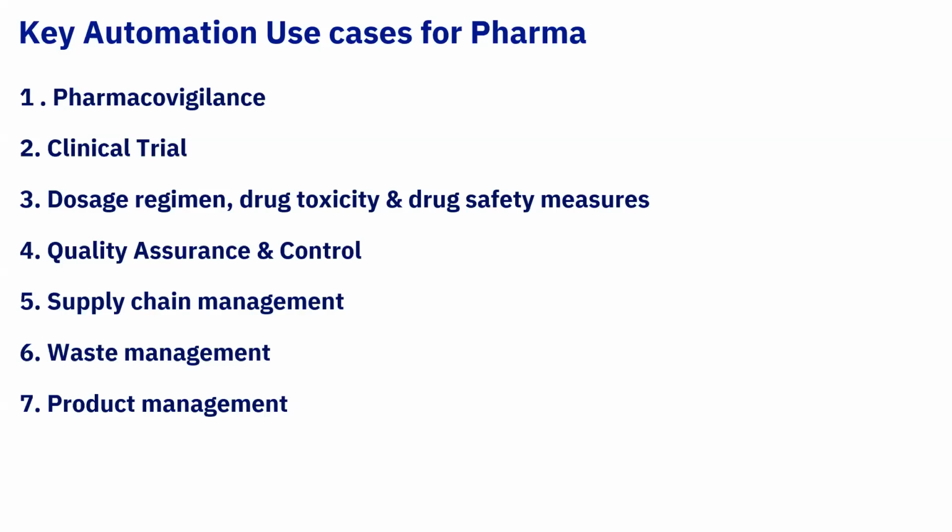We can say quality assurance, supply chain management, waste management, drug safety measures, barcode registration, product management. In all these areas there are automation use cases, and the IBM automation platform can definitely add value.